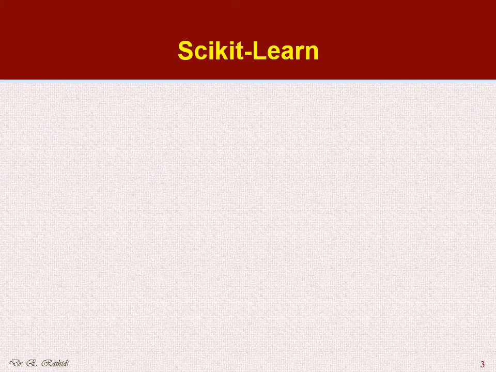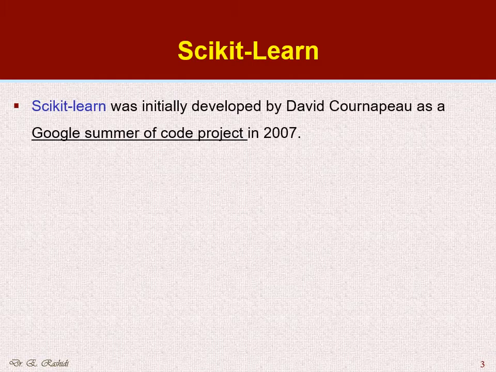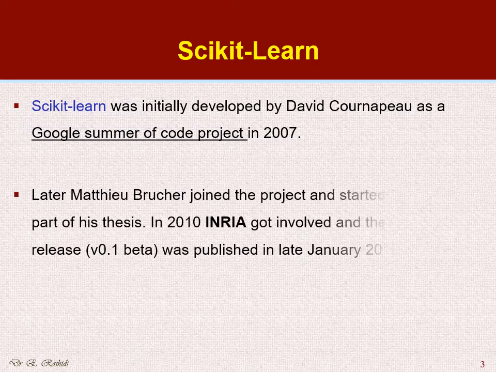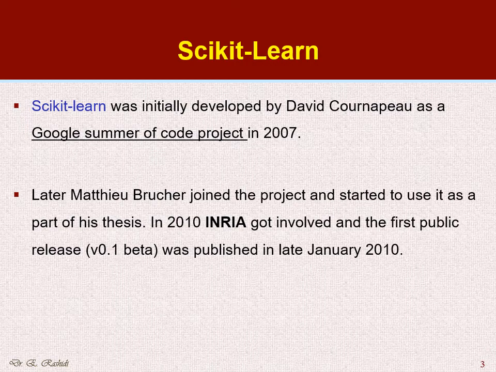A little bit about the history and background of Scikit-Learn. Scikit-Learn, interestingly, was initially developed by a guy named David Cournapeau as a Google Summer of Code project in 2007. Later, Matthieu Brucher joined the project and started to use the library as a part of his thesis.